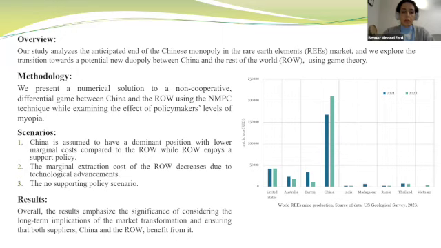In the next scenario, we examine the effect of technological improvements by the other countries, which significantly reduce their marginal cost, and we will assess this situation. And in the final scenario, we will assess the impact of public support. And we will see how the situation would be if we remove this public support.